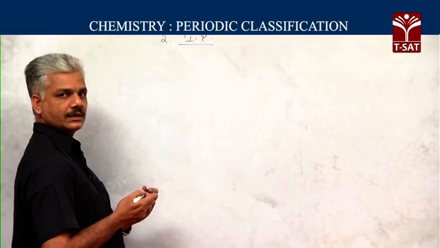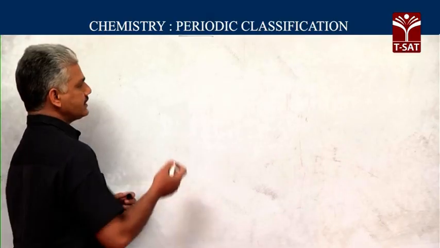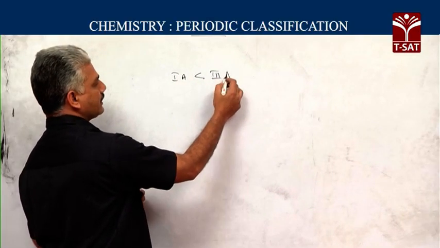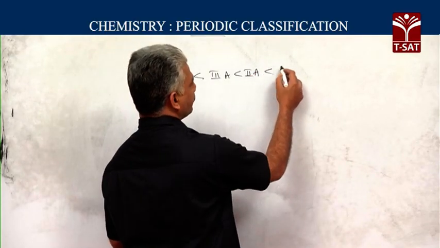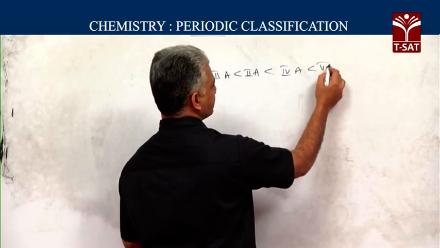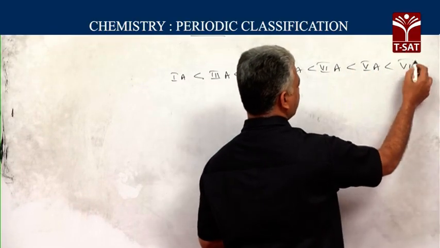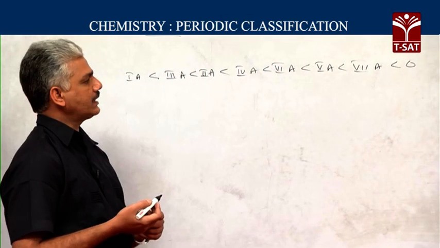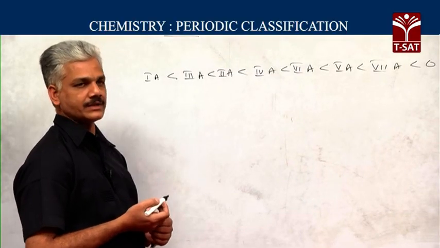Along a period, the order of variation of IP values is 1A less than 3A less than 2A less than 4A less than 6A less than 5A less than 7A less than 0 group. That means highest IP values will be observed in case of 0 group elements.